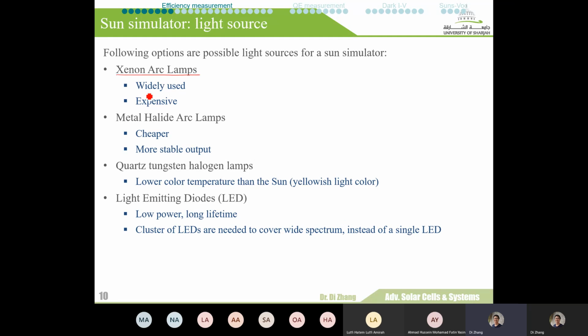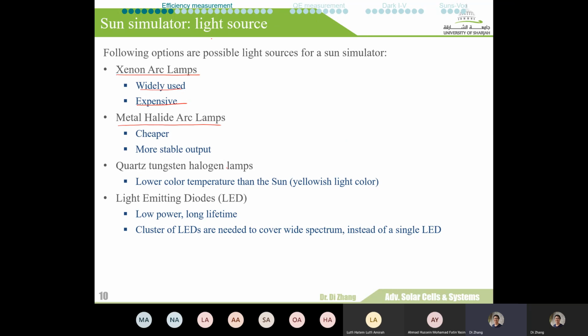This is the most widely used option that will produce a spectrum very similar to the AM 1.5 G. But the problem is that this kind of light source is usually more expensive compared to the other options. And before, a lot of solar simulators made use of metal halide arc lamps.